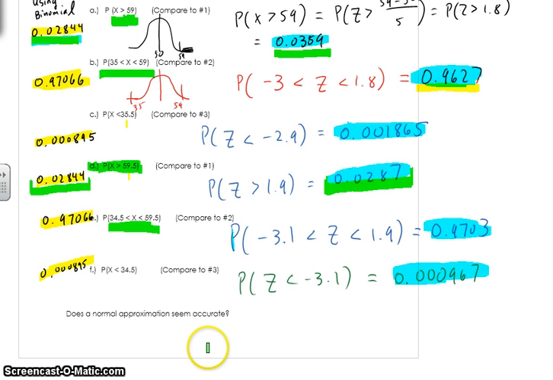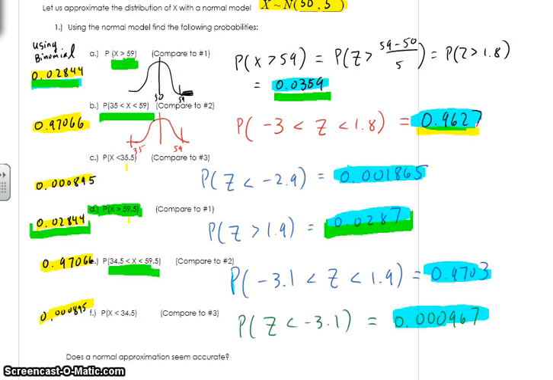So a normal model seems very accurate, and we can make it even more accurate if we do these things called continuity corrections. But again, I don't want you to worry about that. What I want you to see is that there are conditions in which a normal model approximates a binomial model pretty well. We know it's not perfect, but it approximates it pretty well. And that's going to come in handy later.